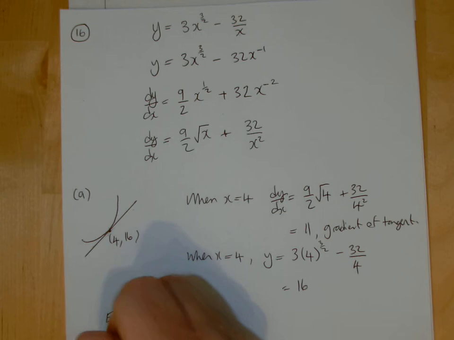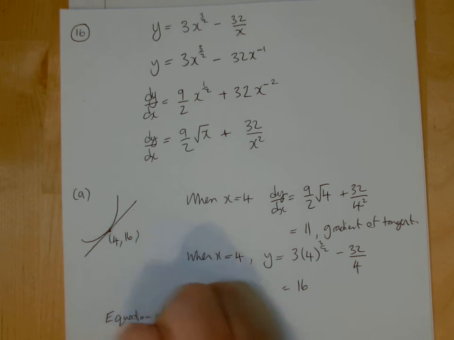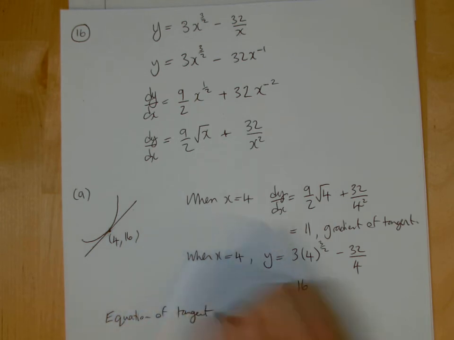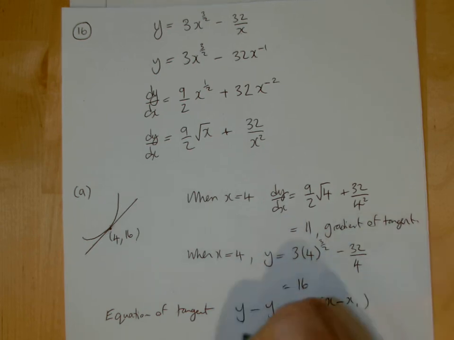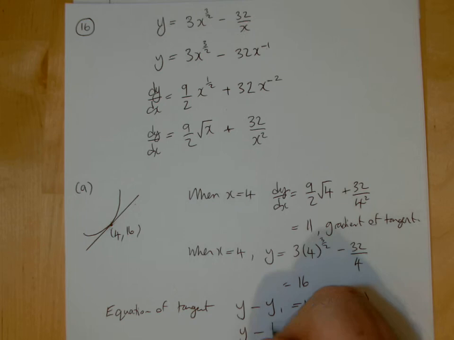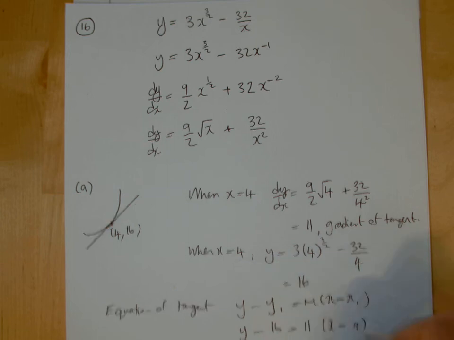So the equation of the tangent, remember, we follow that equation here. So we put in y, which is 16, a gradient, which was 11, and then an x value, which is 4.